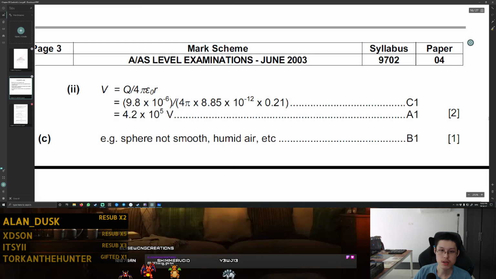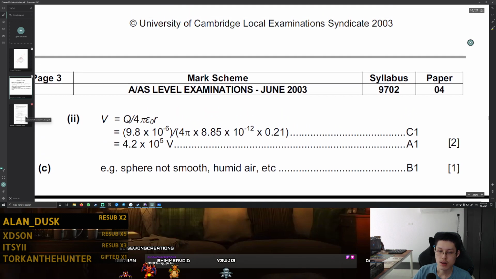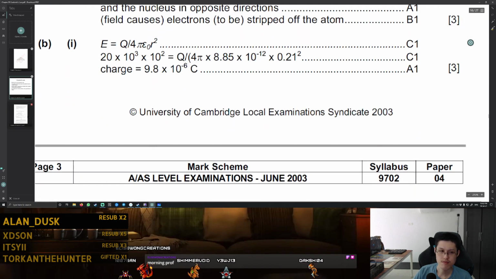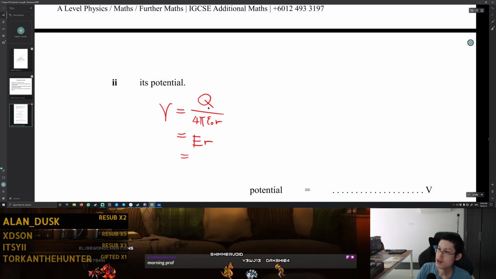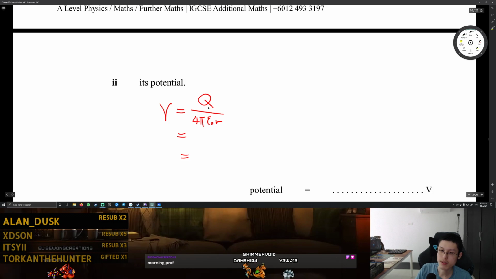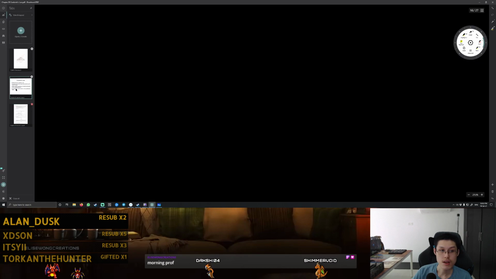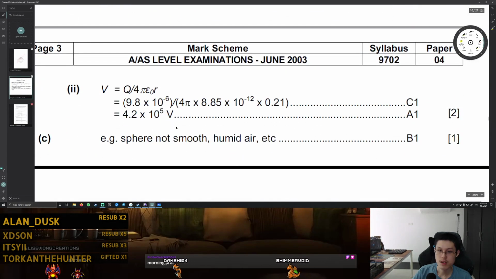Oh, wait, no. This one is actually our charge. What am I saying? Q is actually our charge. Never mind. 9.8 times 10 to the power minus 6. And then you put in your values, and you get your answer. Okay, that's about it really. Which is 4.2 times 10 to the power 5.